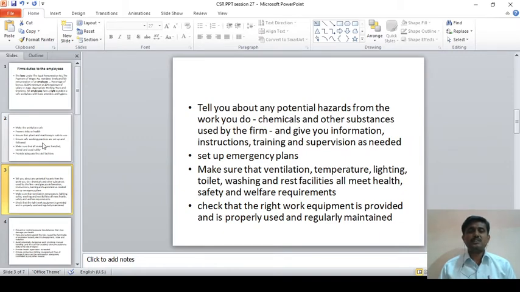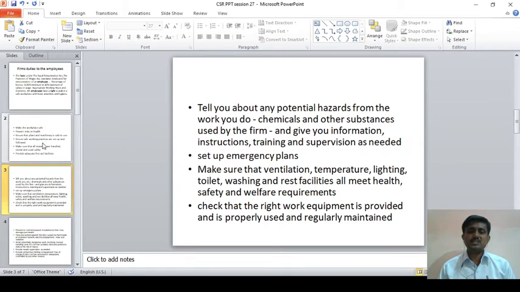That should be given by the firm: proper instructions, proper training and information on how to handle chemicals and other substances which are hazardous to health, and set up emergency plans if something occurs, either in the case of fire or anything else.